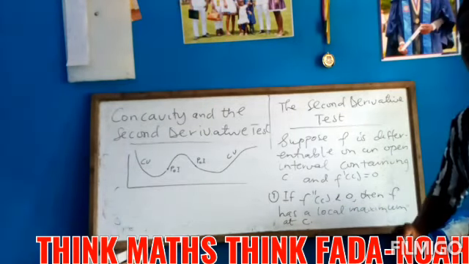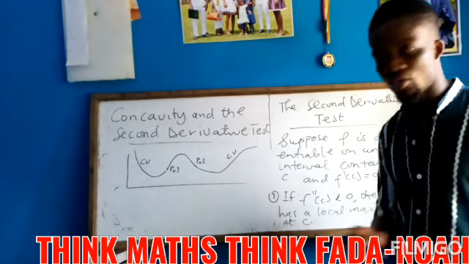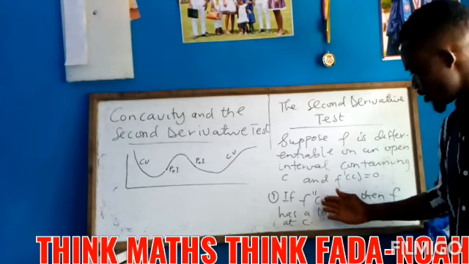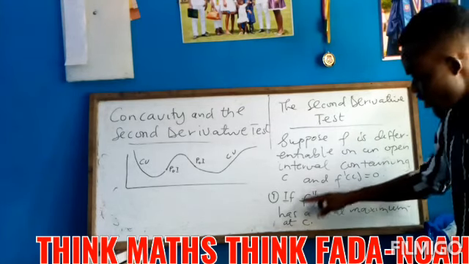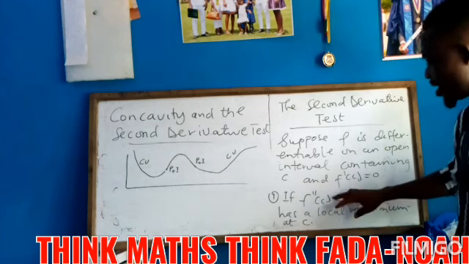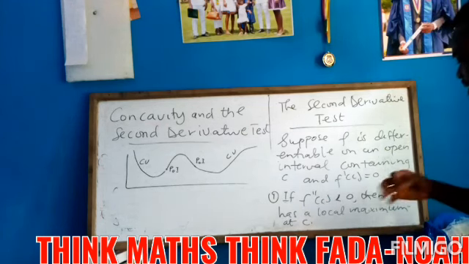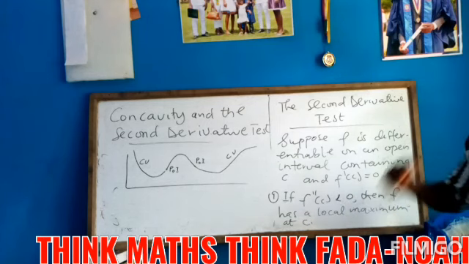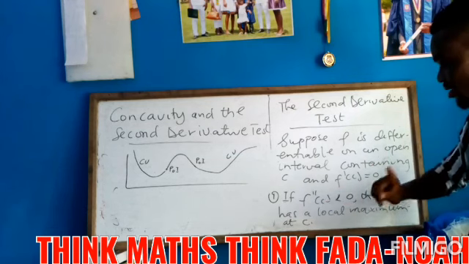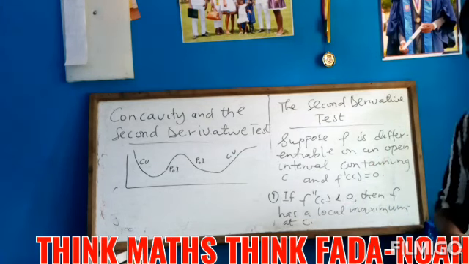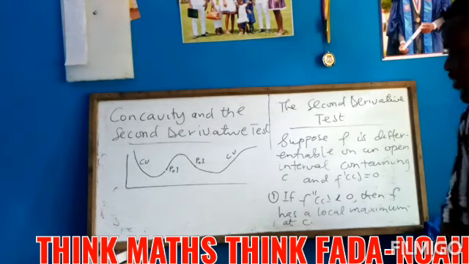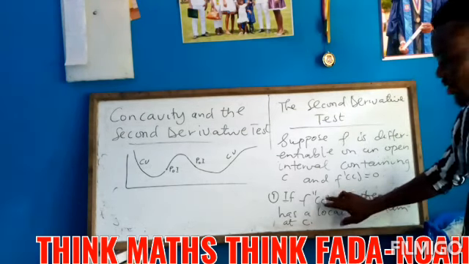So what this means is that you find your critical values, you find the second derivative of the function given. Then you find the functional value of the second derivative at the critical value. And if the value that you get is less than 0, it means at that particular critical value the graph will have a local maximum. You see a maximum turning point. So the graph will have a local maximum at this point.